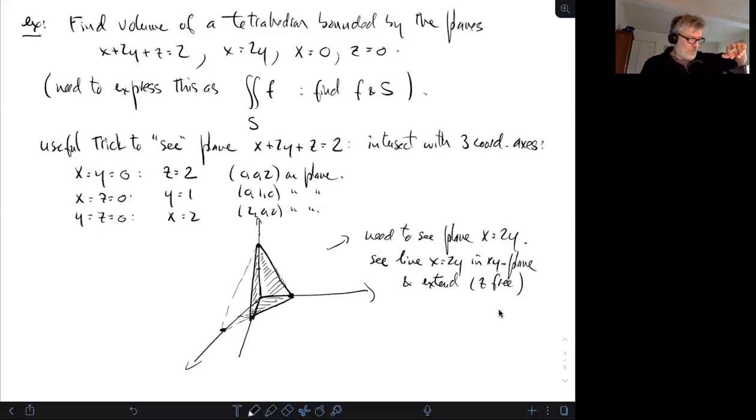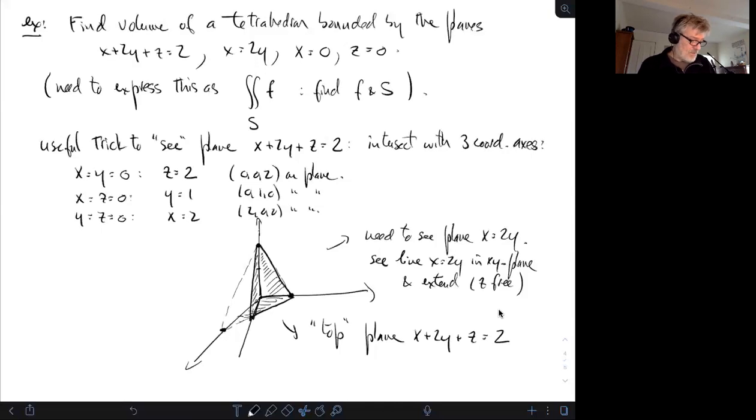So I'd like to see how this is a double integral, where what's the top part? If you look at all the vertical lines that go through this tetrahedron, what's the part they get on top? It's that first plane we looked at. So the top is the plane x plus 2y plus z equals 2, right?